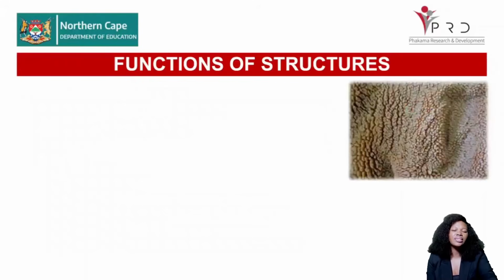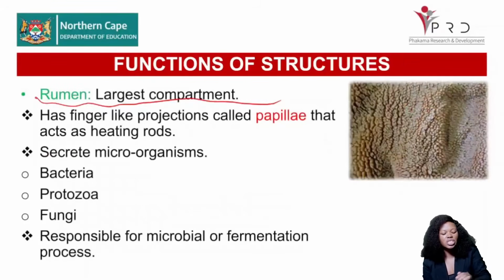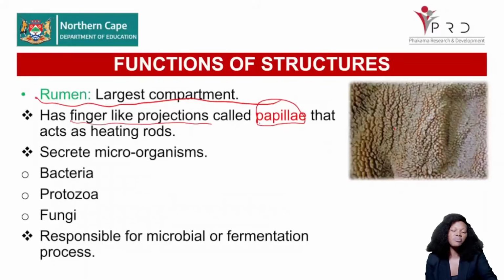Now let us look at the first compartment of the complex stomach, which is the rumen. Initially, we said the rumen is the largest compartment. It has finger-like projections called the papillae. So these are the papillae right here, responsible for the warm temperature in the rumen.